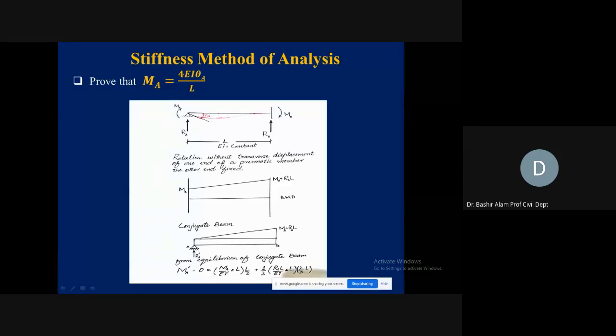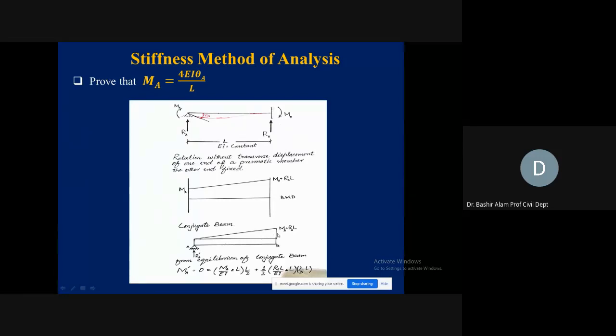So this first component, MA over EI, this vertical, is multiplied by the length, and then this total load is multiplied by L by 2, which is the moment arm. So from this rectangle, we have a moment of this first number.